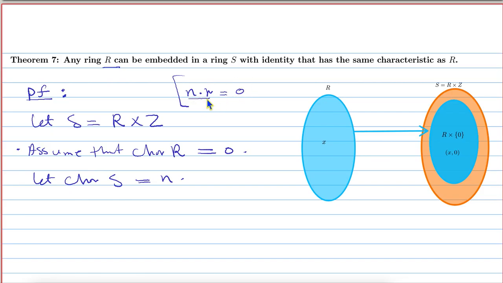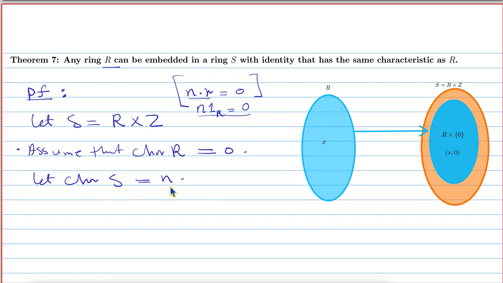And this here means R added N times. But if the ring is with identity, this is equivalent to N times the identity element of the ring equals 0. So the identity element summed N times must equal 0. This is an equivalent definition of the characteristic.